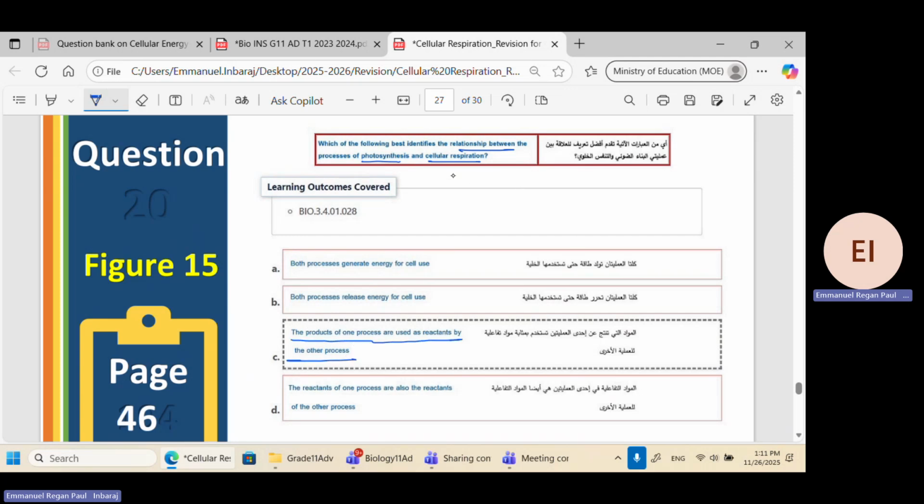What does that mean? Let's start with photosynthesis. CO2 plus H2O gives rise to C6H12O6 plus O2. What is respiration? C6H12O6 plus O2 gives rise to CO2 plus H2O. Let me erase this and write it properly.